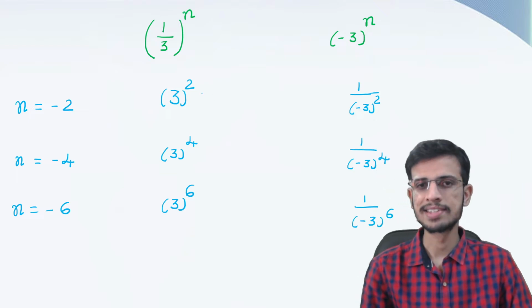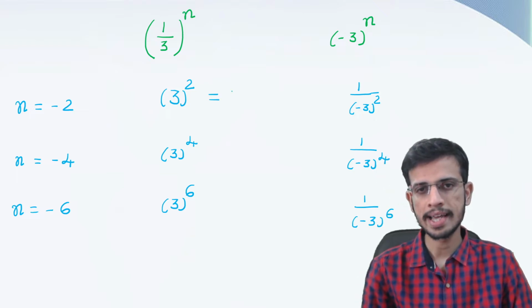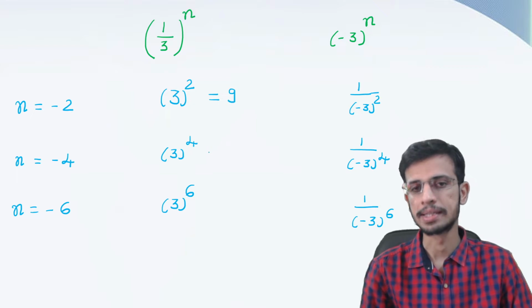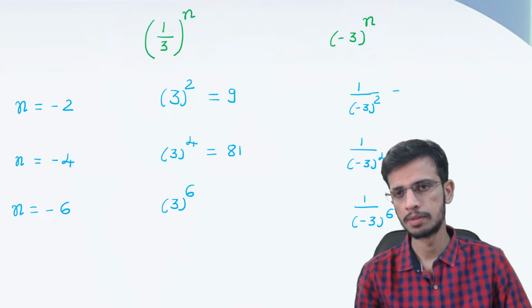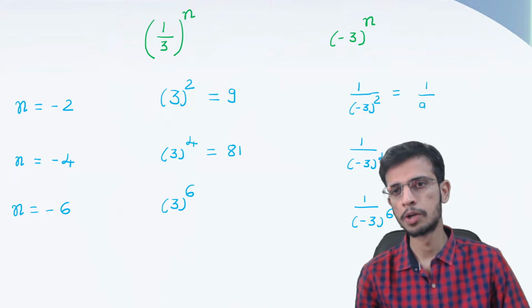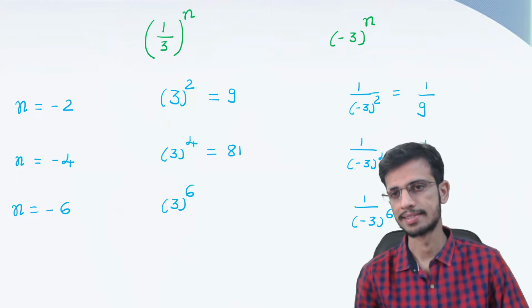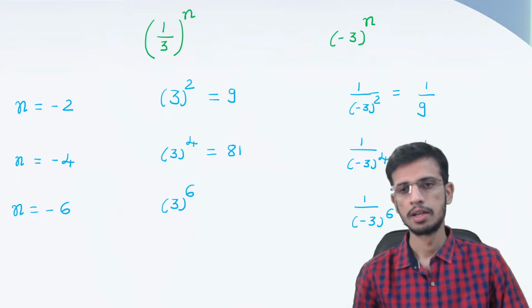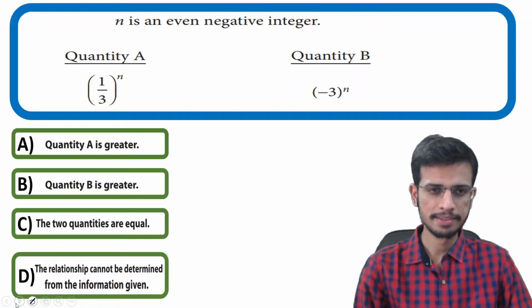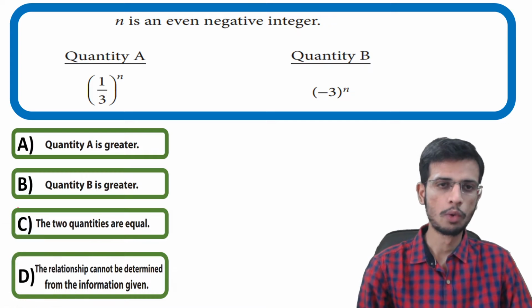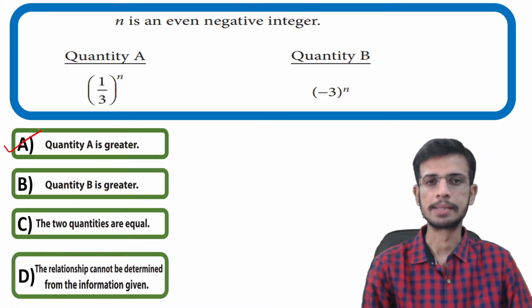So in all the cases, quantity A is greater than quantity B. This will become 1 upon 9, this will become 1 upon 8. Same for this case. So we can choose option A as the correct answer. Quantity A is greater than quantity B.